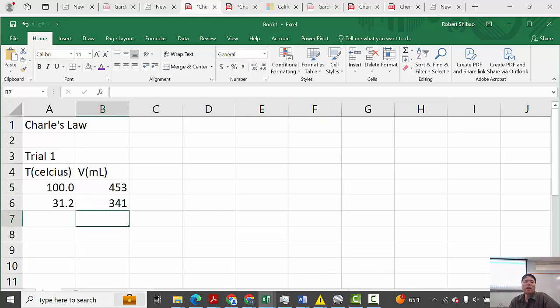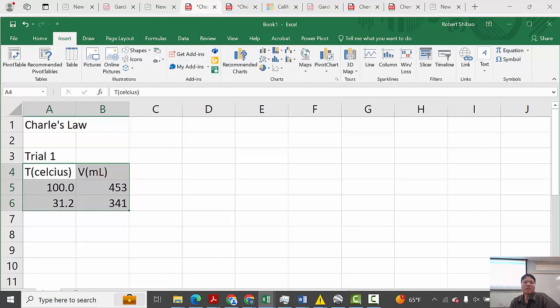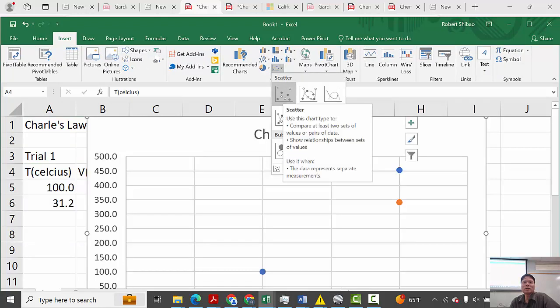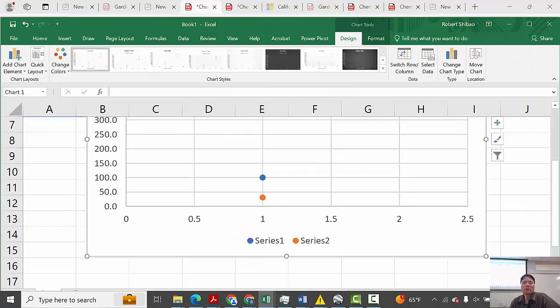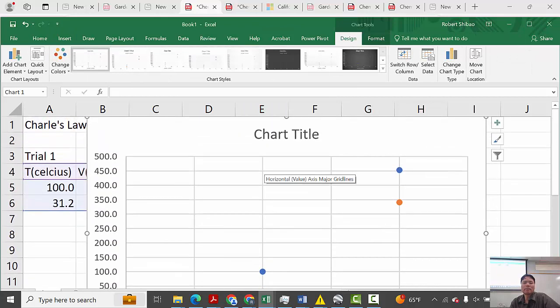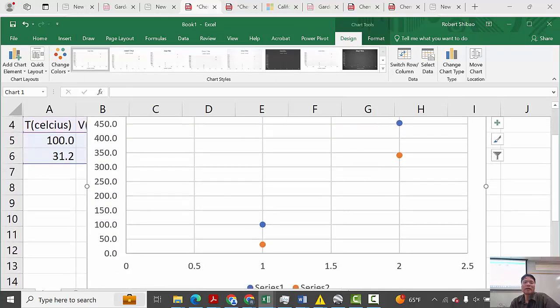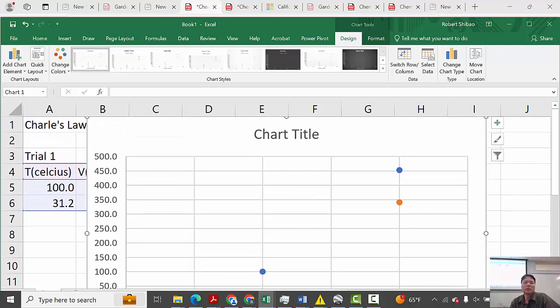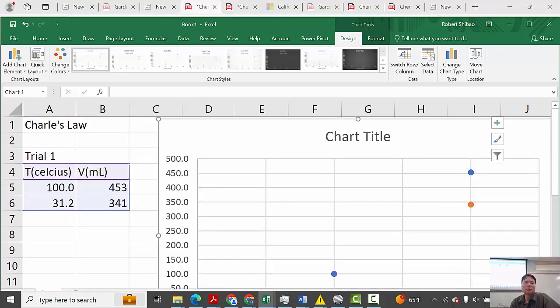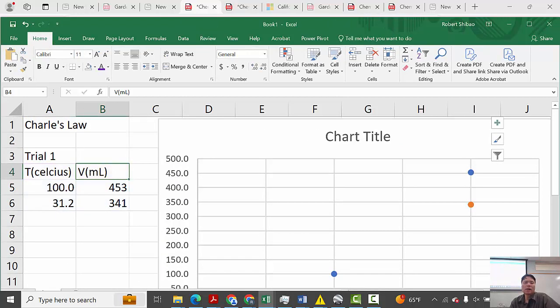All right, so what we're going to do is plot this data out. I can select the headings and the data, or just the data itself. Let's go ahead and select the headings and the data. Then I'm going to insert a chart here. This is what we do in Excel. I'm going to insert a scatter chart like this. Actually, I'm going to just select the data.